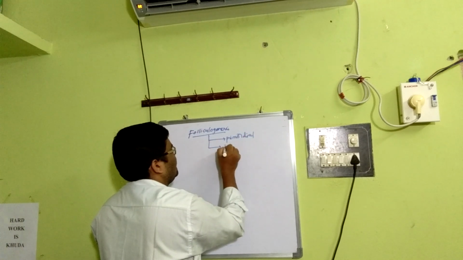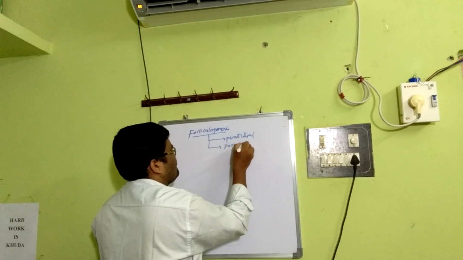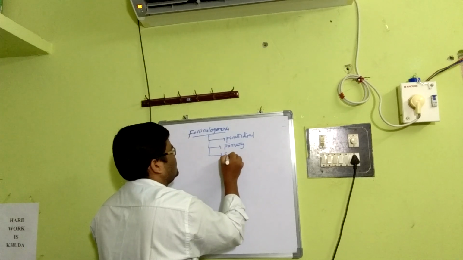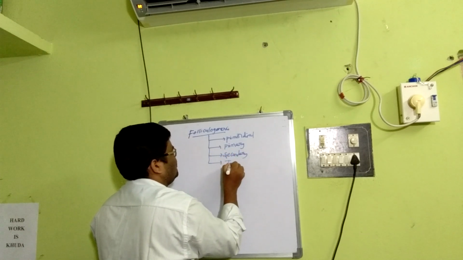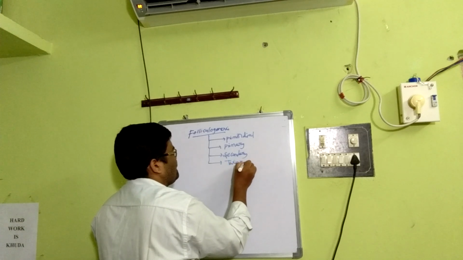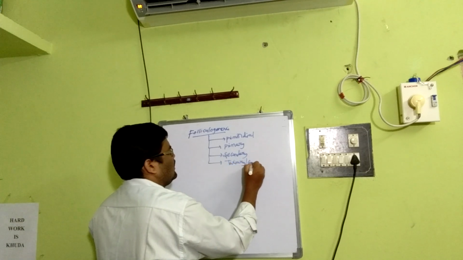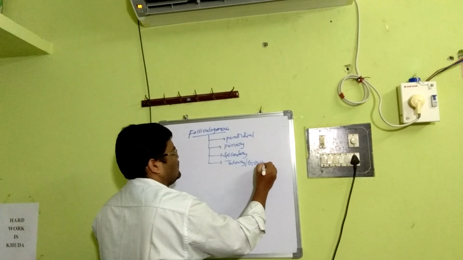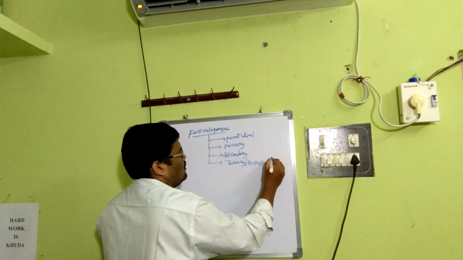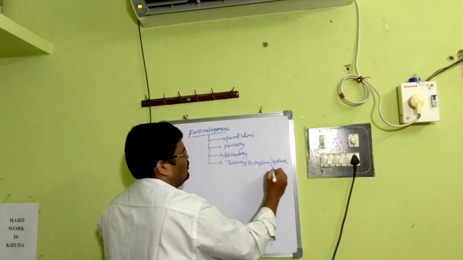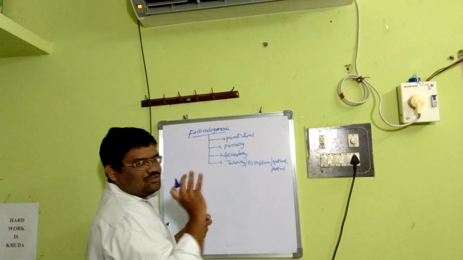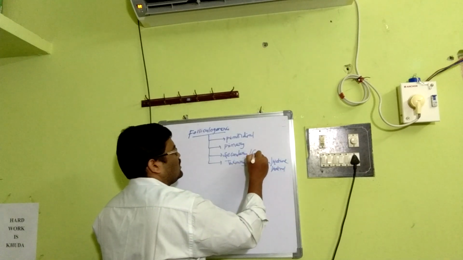The second are primary follicles. The third are secondary follicles. The fourth are tertiary follicles. Tertiary are Graafian follicles, or mature, or antral follicles. Secondary are growth follicles.